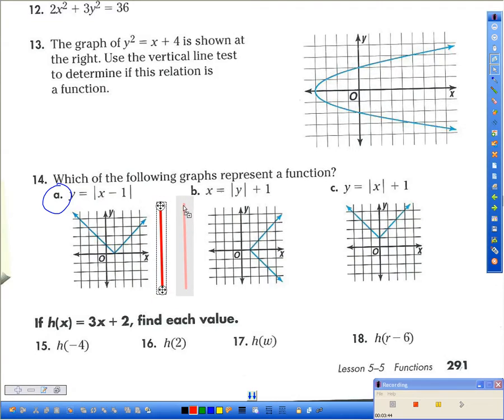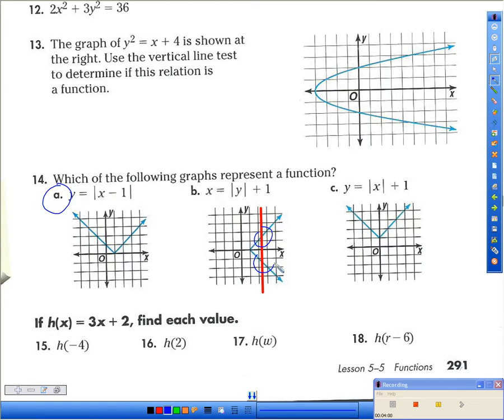When we look at graph B, though, we're going to see that at every point where our red line is touching the blue line, it is touching it in two places. It's touching here and it's touching here. With that being said, graph B is not a function. B is not a function.